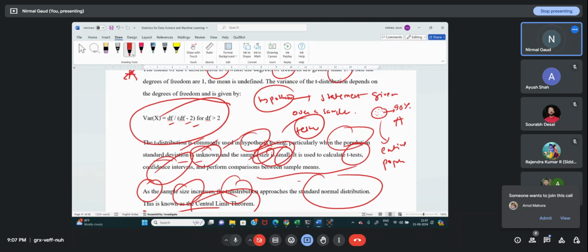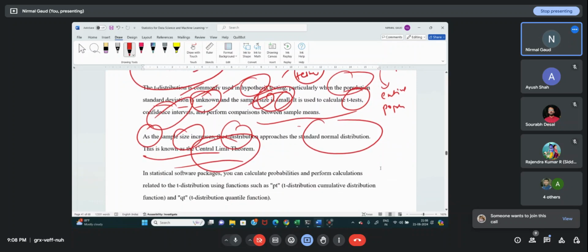Okay, fine. So definitely we have to use the concepts of T distribution, and it depends upon degree of freedom. So we'll be having some hypothesis testing techniques where this concept is applicable, that we will see. Okay, and conversion of T into normal, this process is called the central limit theorem.